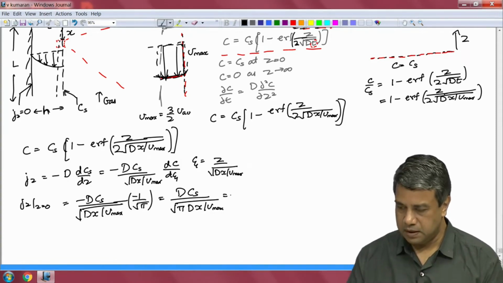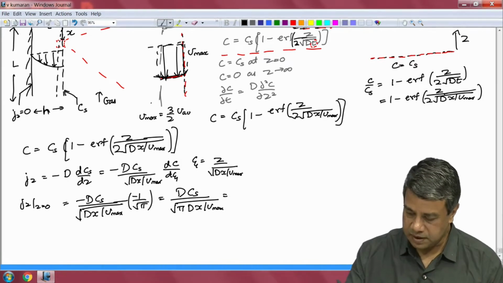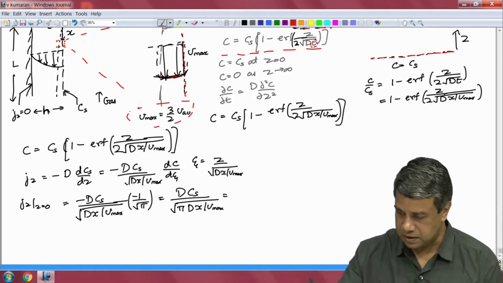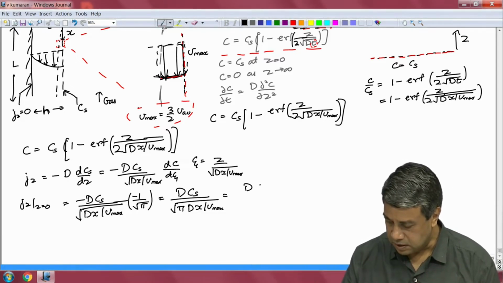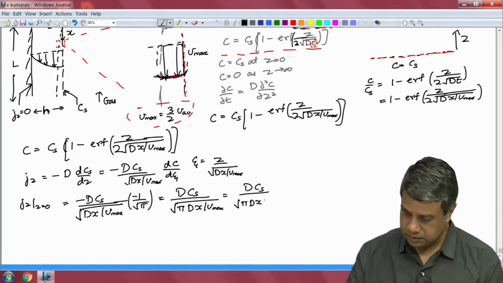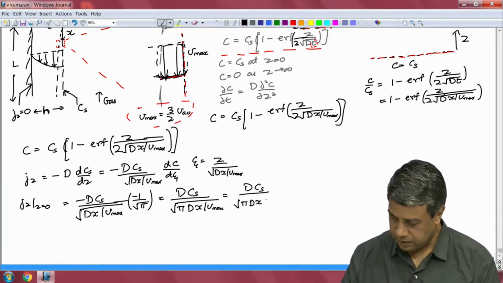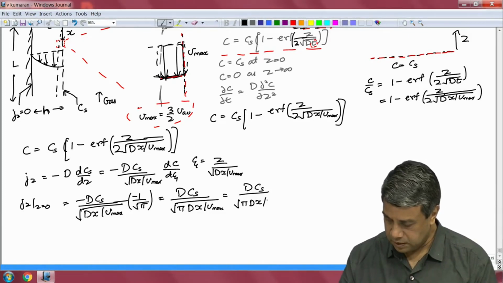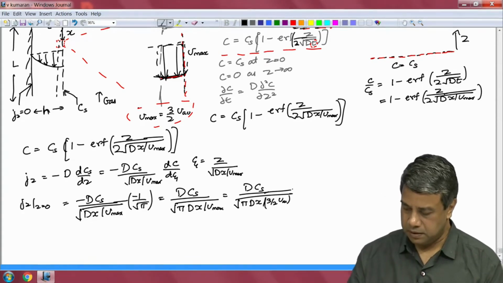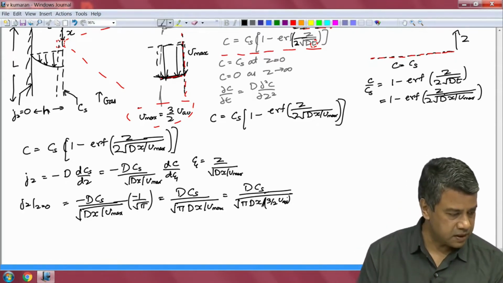And if I express V max in terms of the average velocity using this relation, I will get this as D Cs by root of pi D, x into V max, which is 3 by 2 V average. So, if I express in terms of the average velocity, this is what I will get.